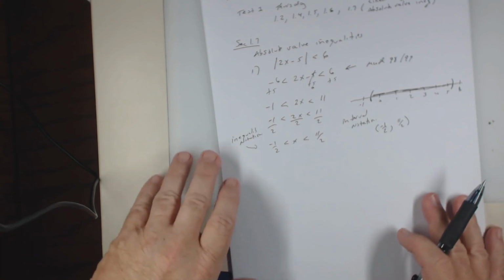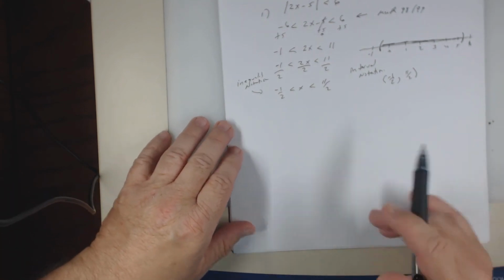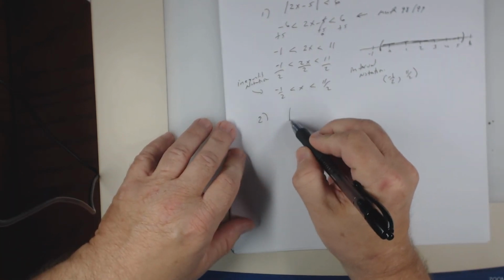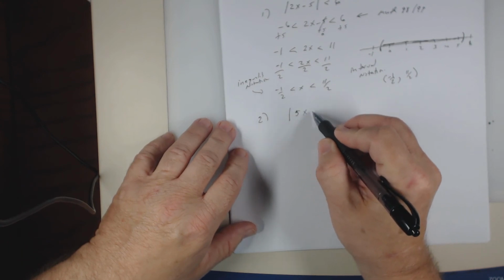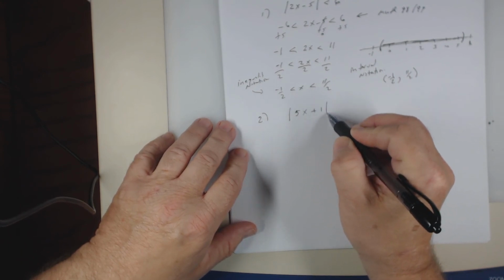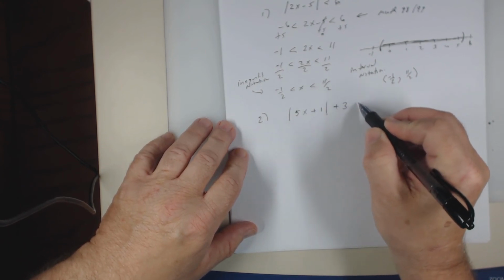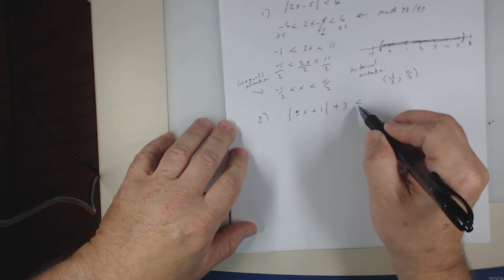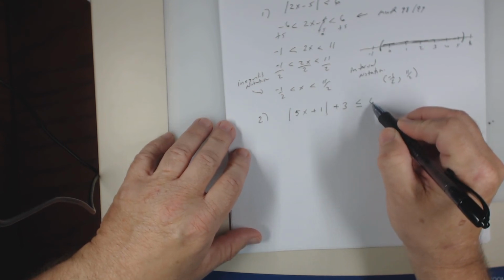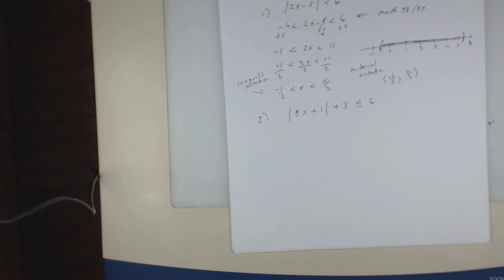Okay, number 2, suppose you had this. You have the absolute value of 5x plus 1, plus 3 is less than or equal to, let's say, 6. Again, I'm making this up. What is it that you're supposed to do first?